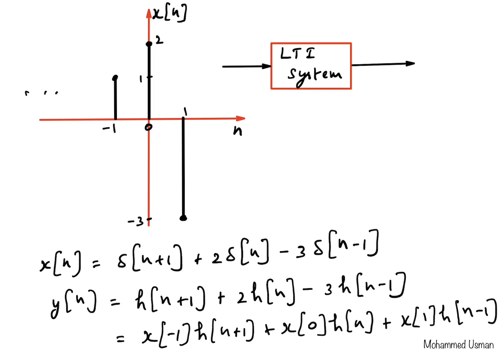But if we had this input going further to the left and further to the right, then the corresponding output y of n will simply have terms further to the left, x of minus 2 h of n plus 2, and on the right side x of 2 h of n minus 2, and so on. We will keep adding more terms to the left as well as more terms to the right, so that we can take it up to infinity if we had a sequence which had an infinite length.